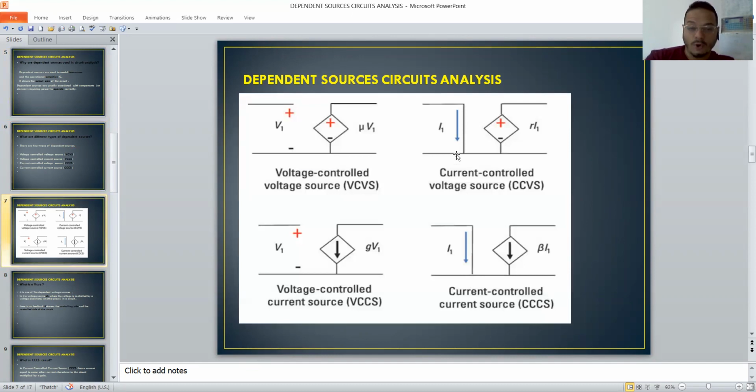This is more important to us here. Dependent voltage source, independent voltage source, independent current source, dependent voltage source.